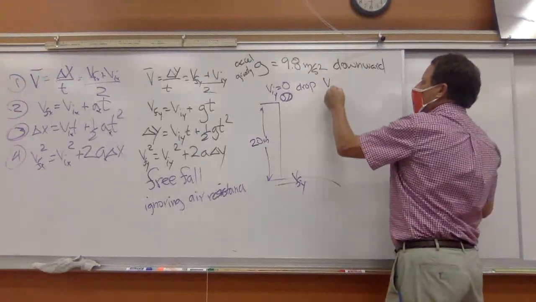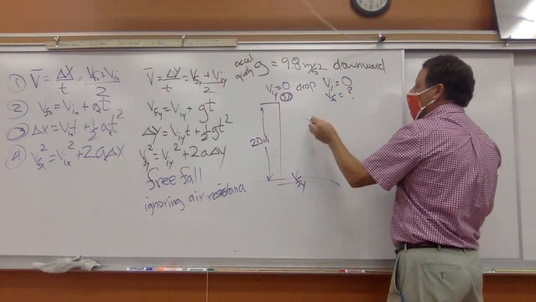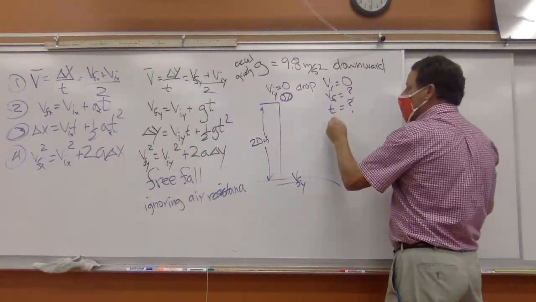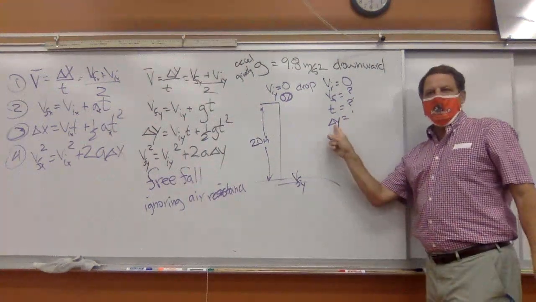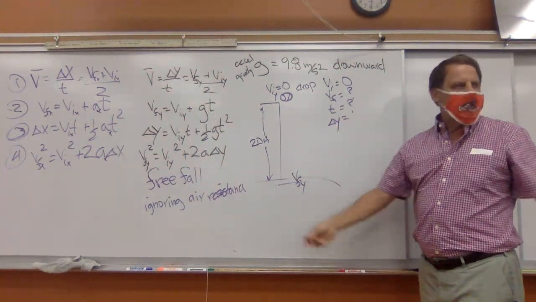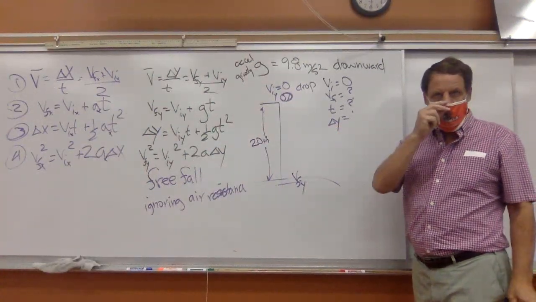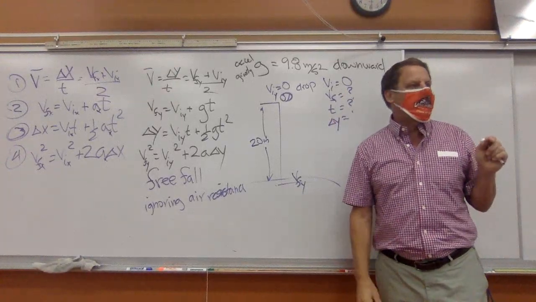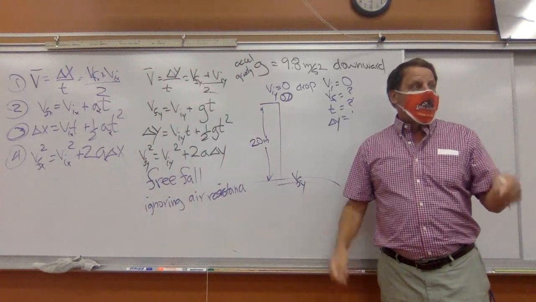But we have an initial velocity of 0, a final velocity, which is what we're looking for. We do not know the time. We do know the displacement. And if we put a d right there instead of delta y, as long as we know what that is, displacement, then fine. Even if you put distance, because they're all going in the same direction, at this point, distance and displacement are going to be the same.